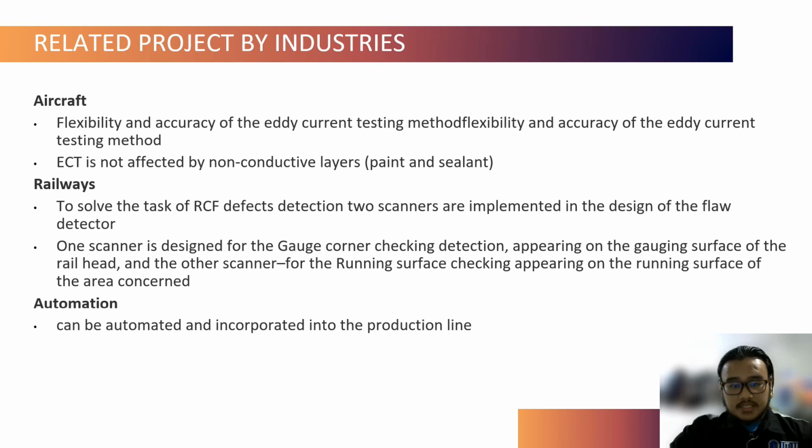For automation, in high-volume automotive component manufacturing, an eddy current inspection system can be automated and incorporated into the production line. It is typically placed right after heat treatment.